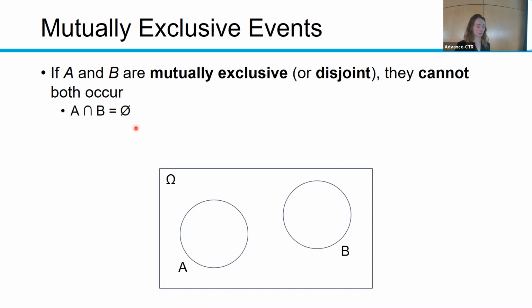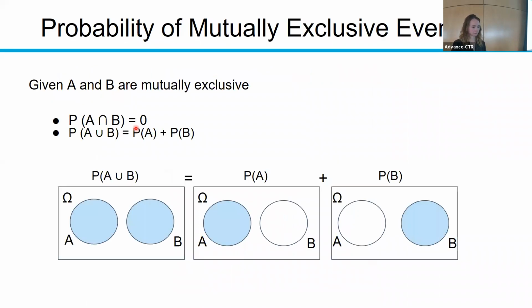It's not possible. So for mutually exclusive events, the probability of their intersection is 0. Only one can occur. However, the probability of their union is just the sum of the two probabilities of these events. In this case, we don't have to subtract off that intersection because it's not getting added twice, because there is no overlap.